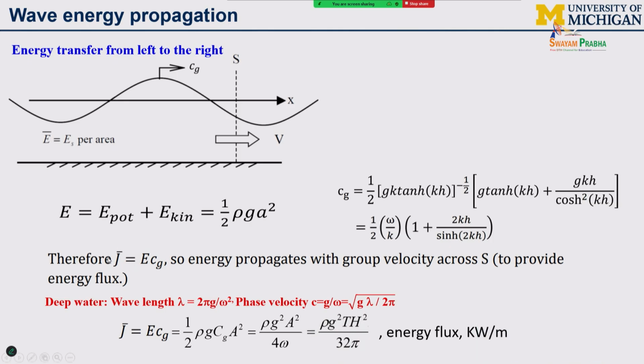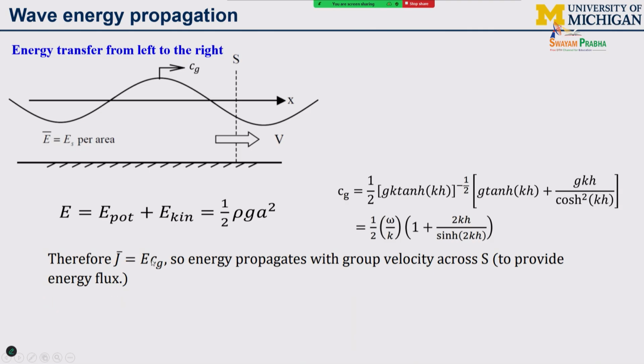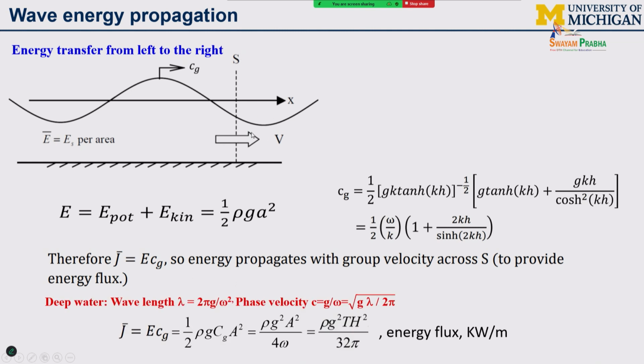This energy flux transmits at the group velocity. I skip how you get this solution, but I gave you the conclusion. So energy transfers at the group velocity across this surface area.